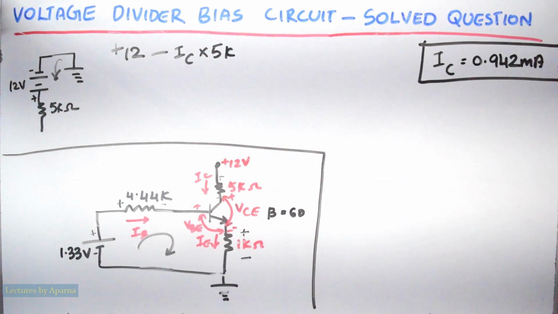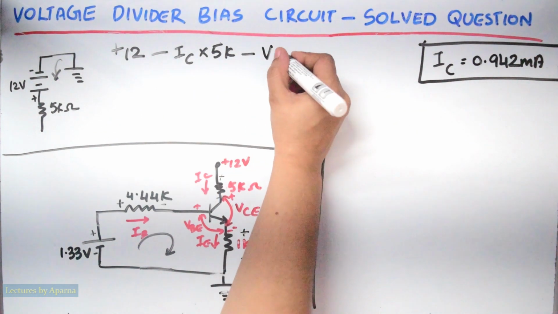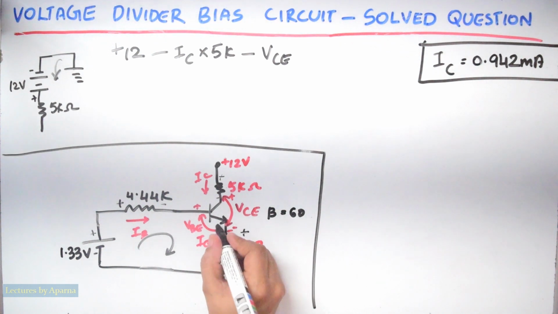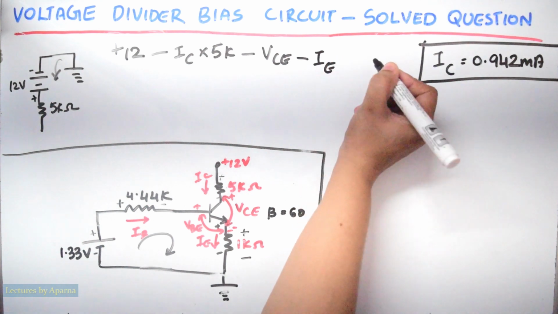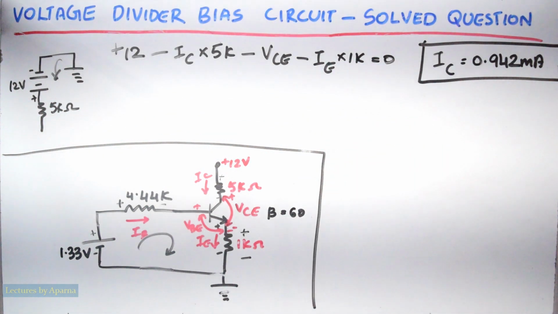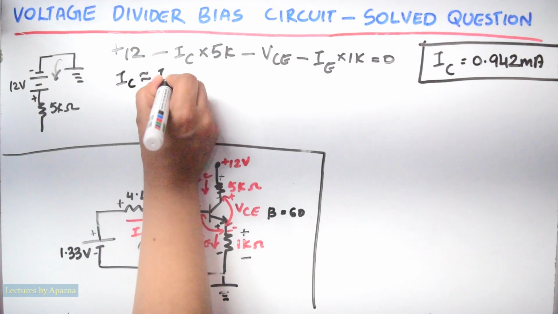When I reach here, it is again a decrease in potential, so minus VCE. Current is flowing in this direction, so higher potential to lower potential, so it is a decrease in potential. Minus IE into 1K is equal to 0. Now IC is almost equal to IE.